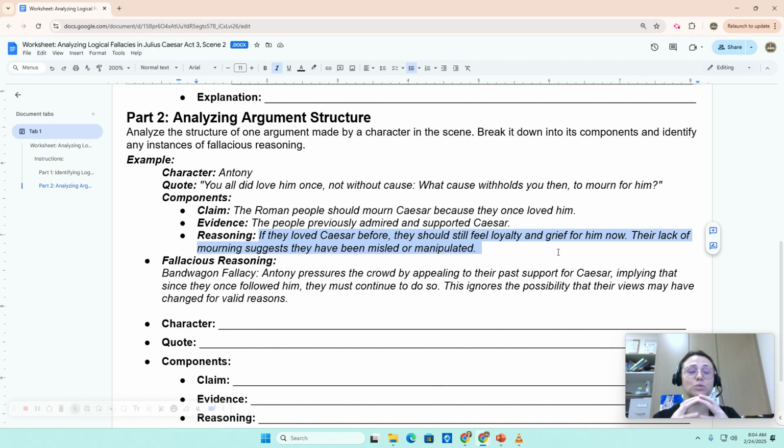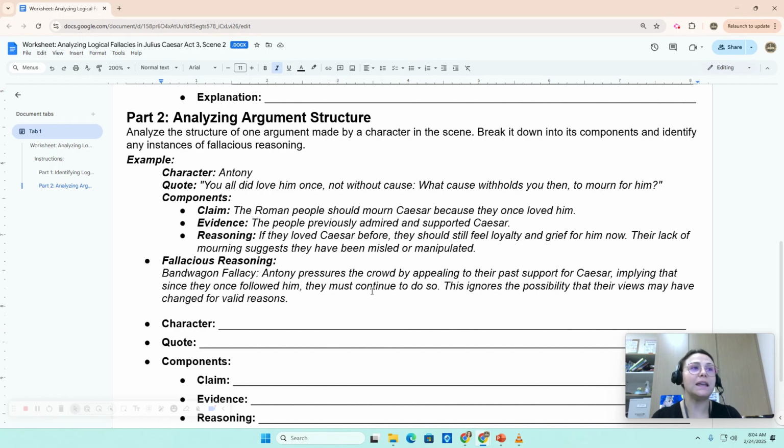This is an actual argument, and even though he's not saying this scientist said, he's using logic to say, hey, you all loved Caesar, and now all of a sudden you're just forgetting him. And it could also be seen as bandwagoning, because he's kind of pressuring the crowd by appealing to their false support, because maybe they got evidence from Brutus and they were like, oh yeah, I want to change my mind, which we're all allowed to do, right?